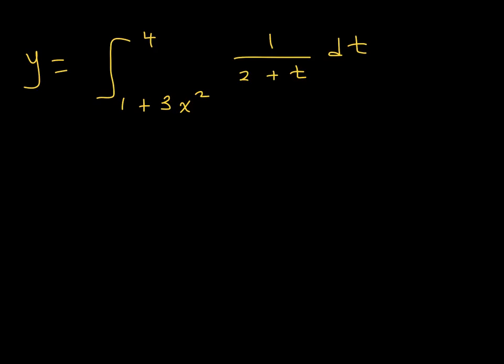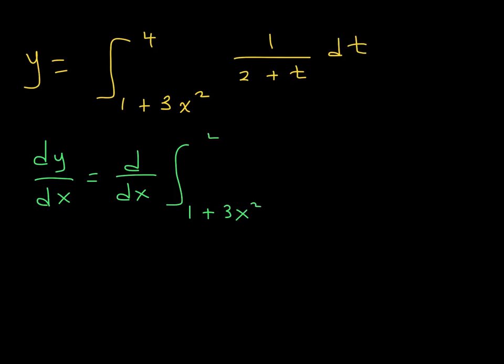All right, so let's do it. So this is dy/dx is equal to d/dx of the integral from 1 plus 3x squared to 4 of 1 over 2 plus t dt.